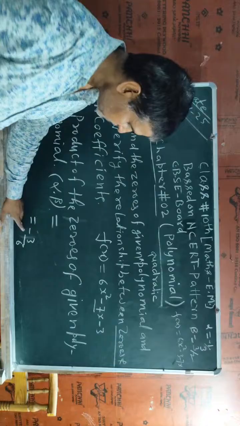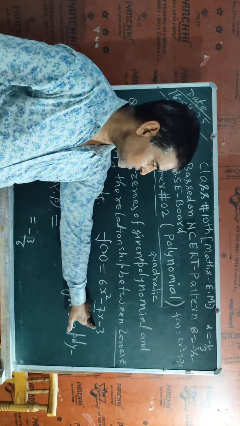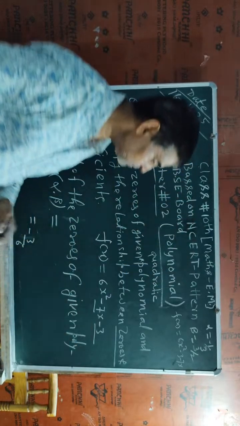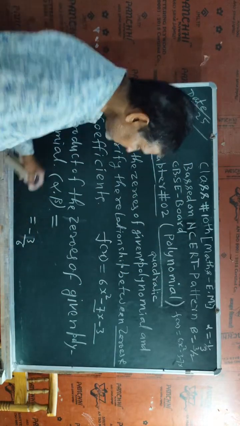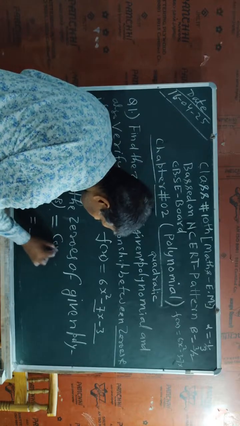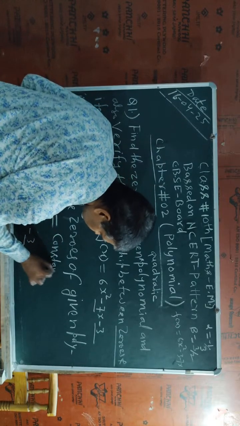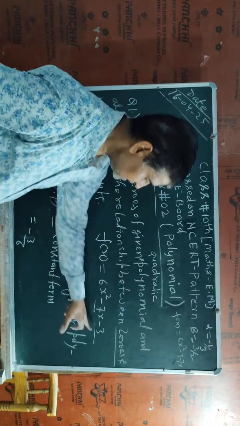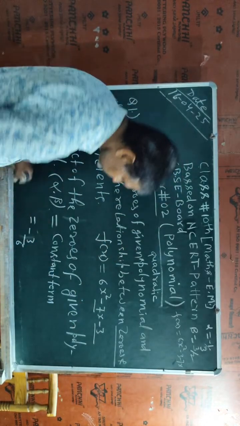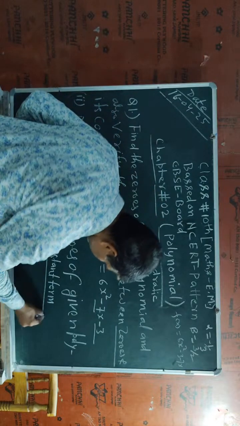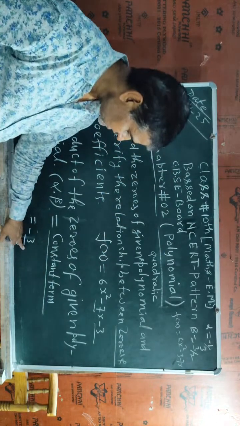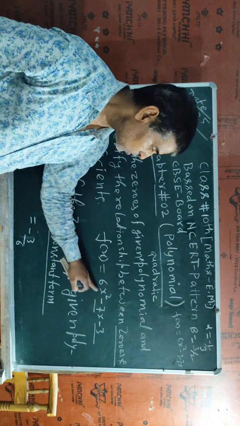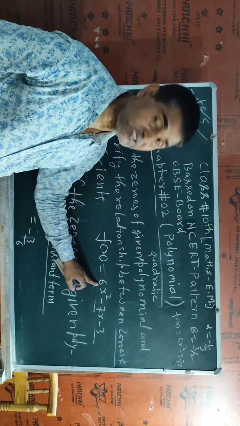Now in the place of minus 3, this is the constant term. Each and every student knows this is the constant term. In the place of minus 3, I will put here constant term. Here on the right side 6 is available. 6 is the coefficient of x square.